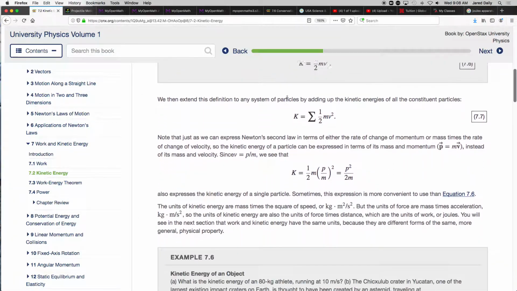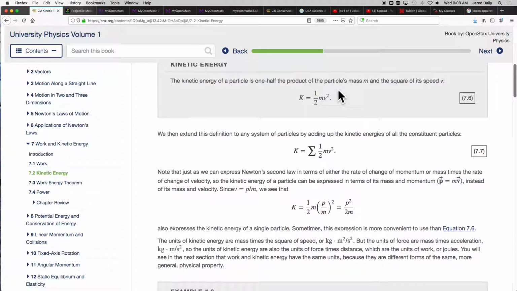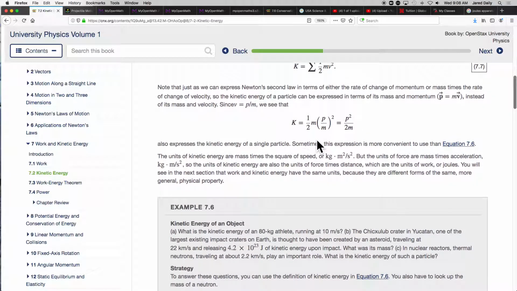We don't really get into the calculus version of this in this class much, mostly because we don't need to, and it gets a little bit crazy. But this is the general format to calculate the kinetic energy of a particle. And if you have many particles, of course, you can add them all up by calculating the kinetic energy of each one. If you want to, there are other things you can do with this equation.